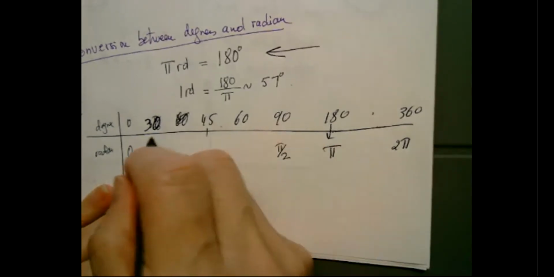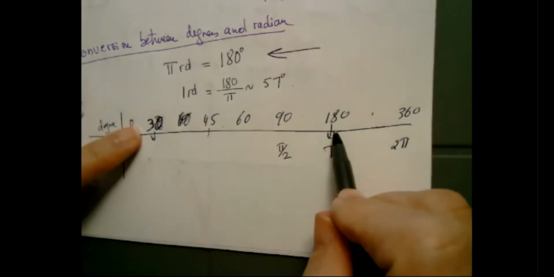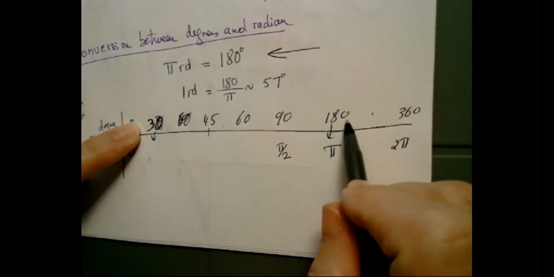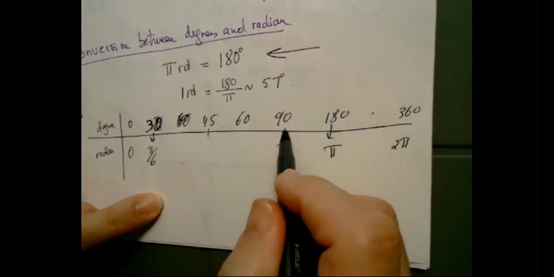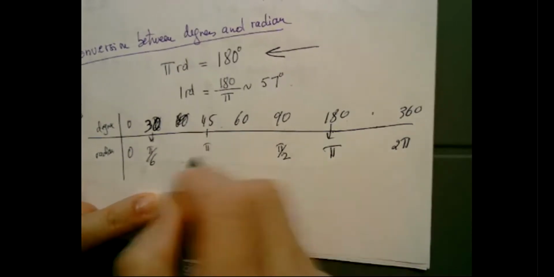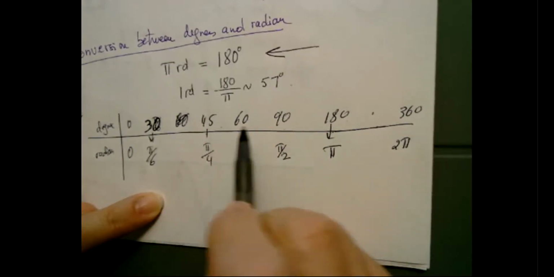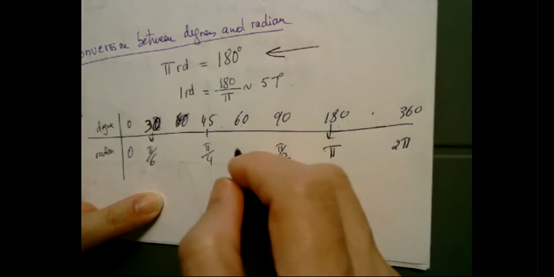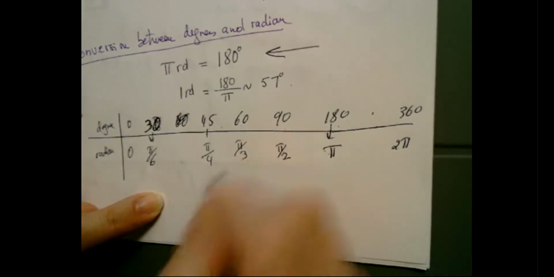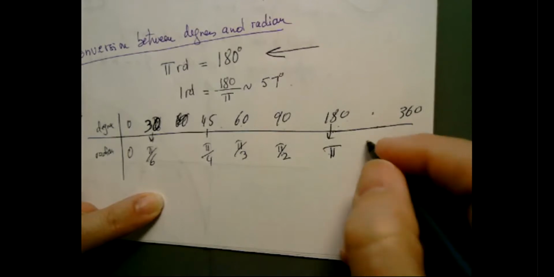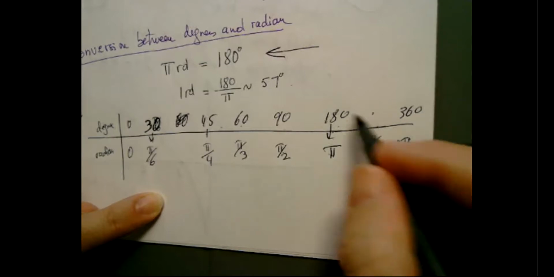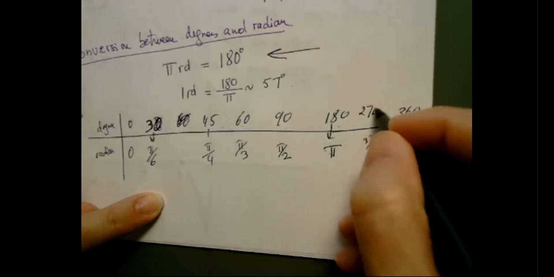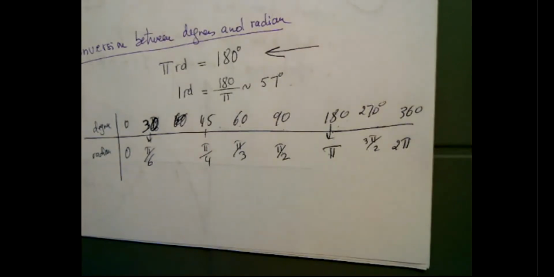And 30 is 1/6 of 180, so pi over 6. 45 is half of 90. 90 is pi over 2, so that's pi over 4. 60 is 1/3 of 180. 180 is pi, so 1/3 of it is pi over 3. And then the other angle that we should know is 3 pi over 2, which is the one in between, 270 degrees. Absolutely, we should know these special angles.